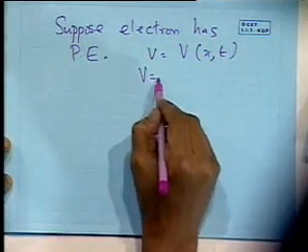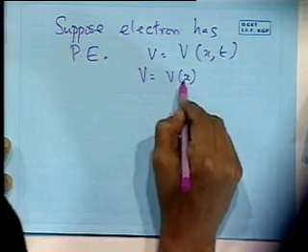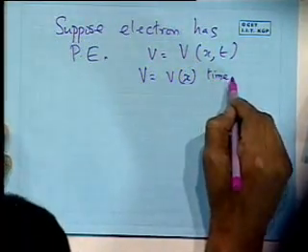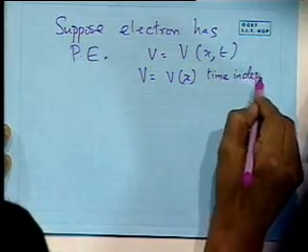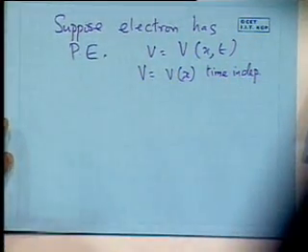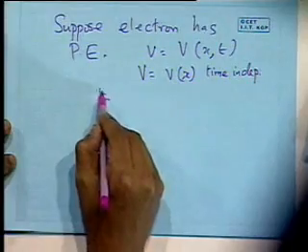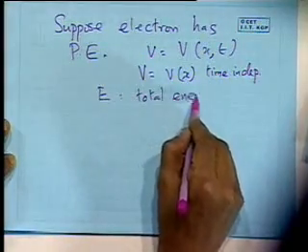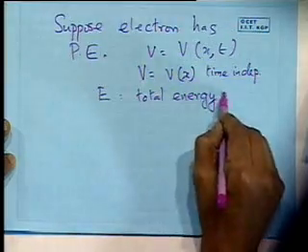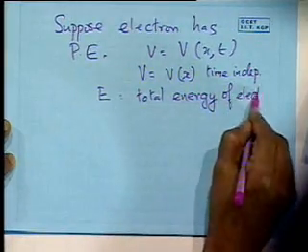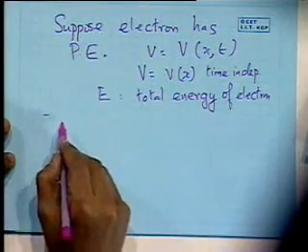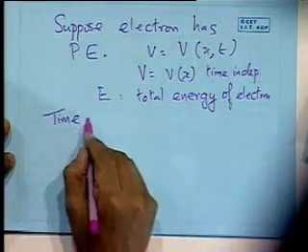And for time independent cases, we would have V is equal to V(x). If E is the total energy of the electron, then what we have is the time independent Schrodinger equation.